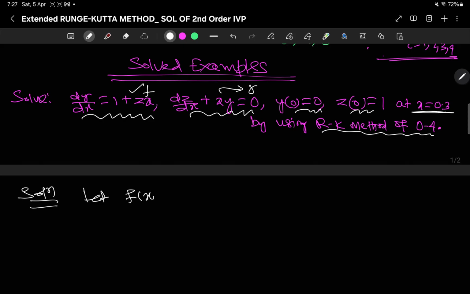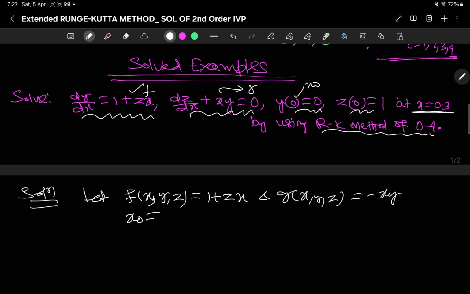So let f of x, y, z be 1 plus zx, and g of x, y, z be minus xy, with x0 is equal to 0, y0 is equal to 0, z0 is equal to 1.